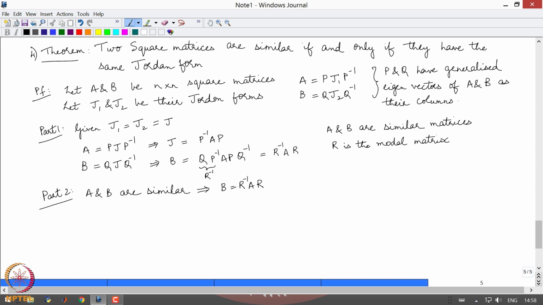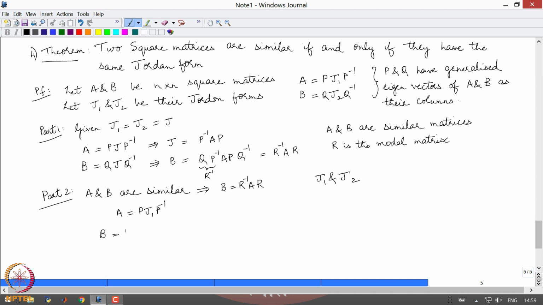Okay. So now, if they have separate Jordan forms, I will assume them to be J1 and J2 to begin with. So now I can again say that A is P J1 P inverse.